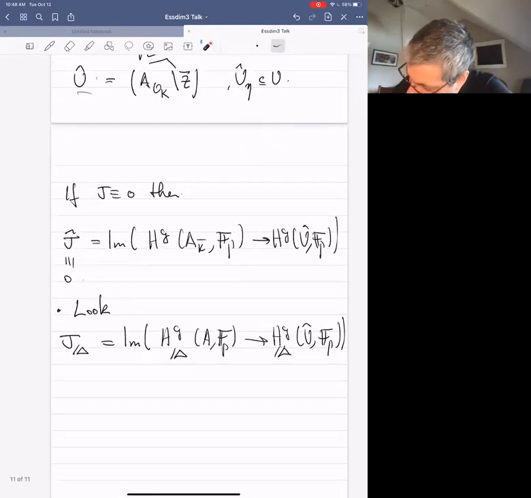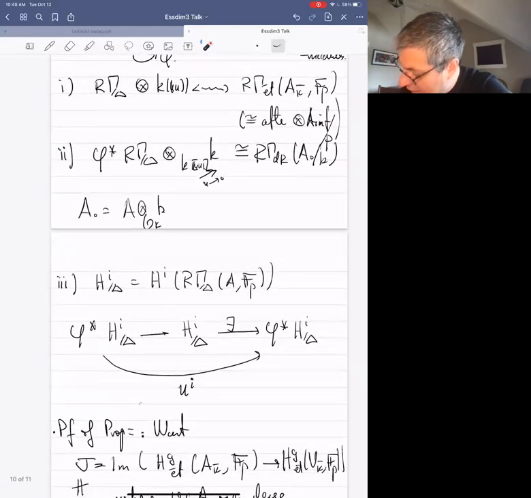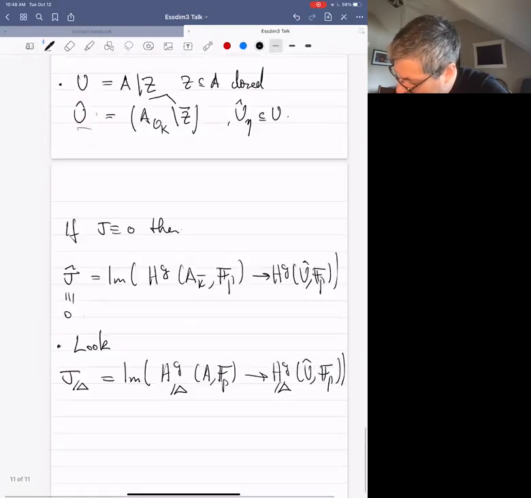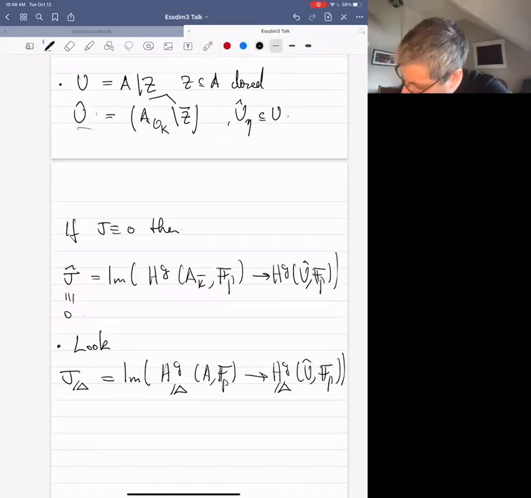Now, the thing is, we know if we look at our property 1 back here, that my prismatic cohomology, when I invert u, it's related to étale cohomology, okay? So I know that in étale cohomology, my map is 0, right? That's by assumption, okay? So I'm trying to get a contradiction. So I know this map is 0.